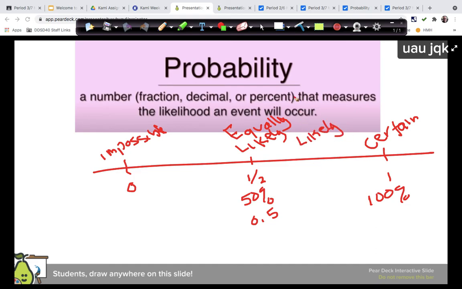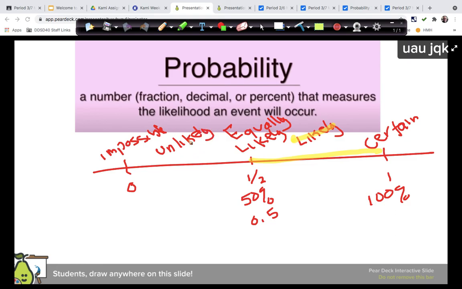And we did have a discussion about how that is this entire zone. So likely goes from just anything above 50% to anything below 100%. So that's a big area. So things could be most likely or extremely likely or very likely up here, or just above equally likely. All right, and then down here, this is where we put unlikely.